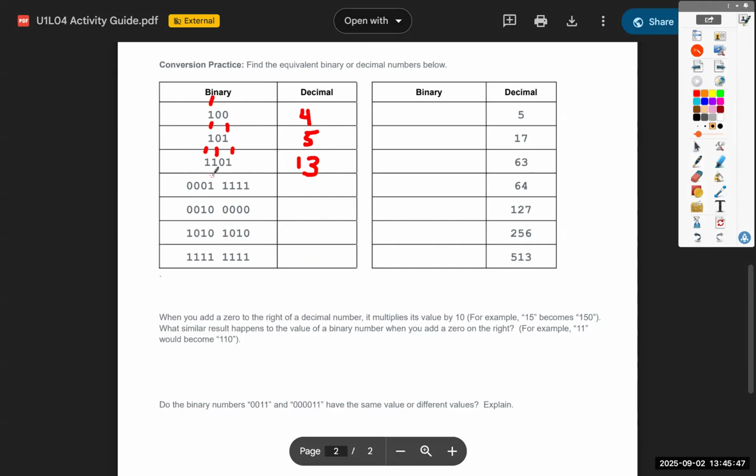Okay, here we get a bunch of 1s, which you could add 32, 16, 8, 4, 2, and 1. Or you could remember that any binary number that's all 1s equals 1 less than the value of the next column.